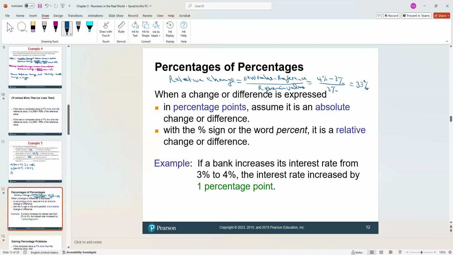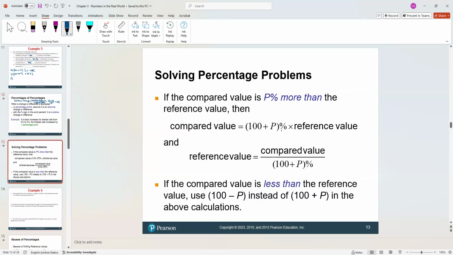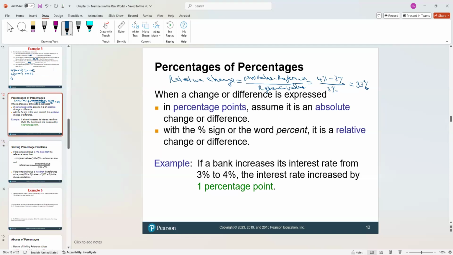We can solve multiple problems, but first, when a change or difference is expressed in percentage, when discussing changes between numbers that are themselves percentages, you can avoid ambiguity by being clear in your wording.